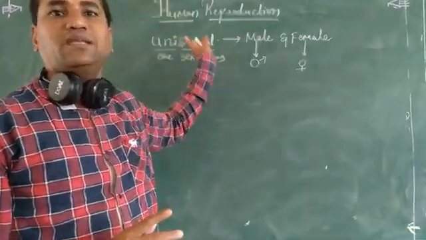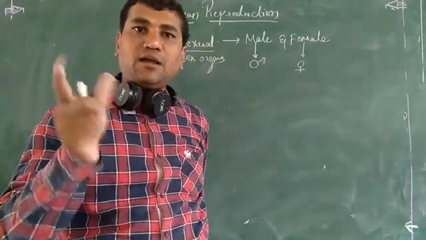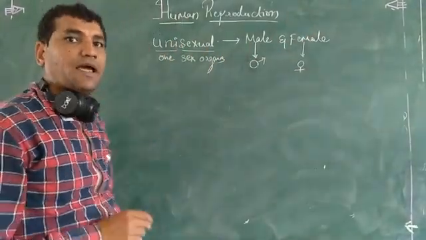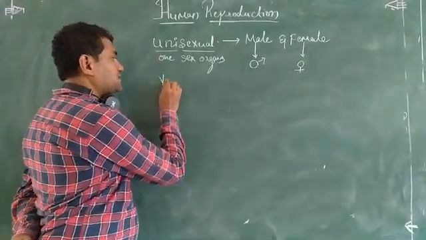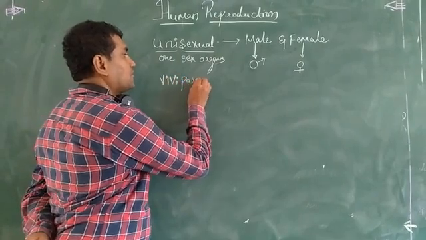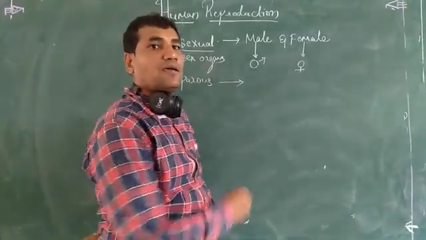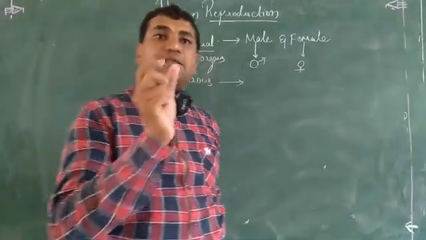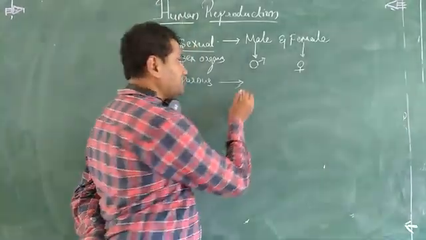Uni means one reproductive organ in one organism, and we are viviparous, meaning the young one is borne in the female body of the organism.